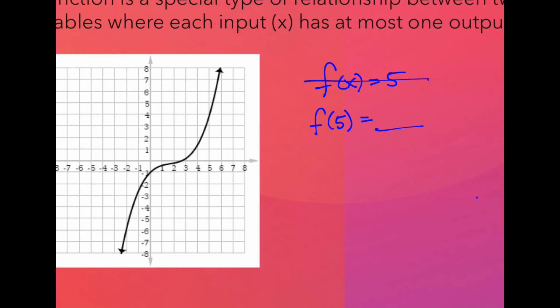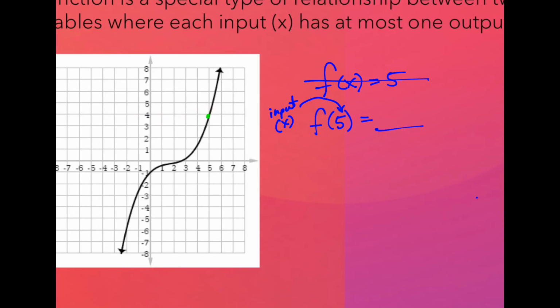Remember that what's inside here is my input, or my x. And so along my graph here, I would want to go to where x is equal to 5, which is right here. And then we want to move up along the graph till we see what the resulting y is that goes with that x.